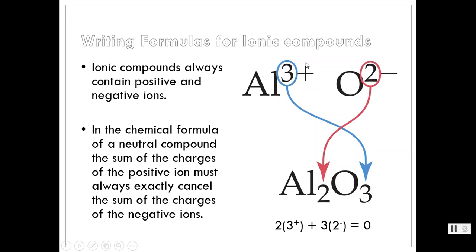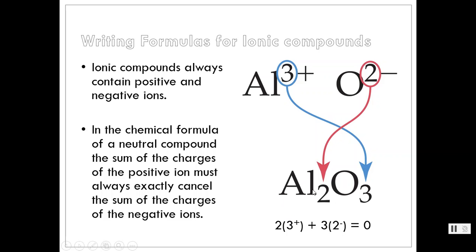So the balanced chemical compound for aluminum and oxygen would be Al subscript 2, oxygen subscript 3. And you can double check that the charges equal 0 by doing a little bit of algebra.